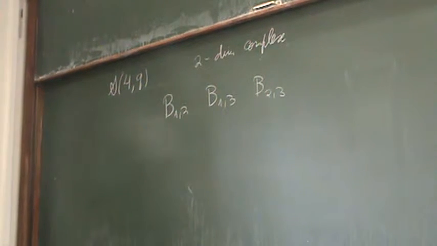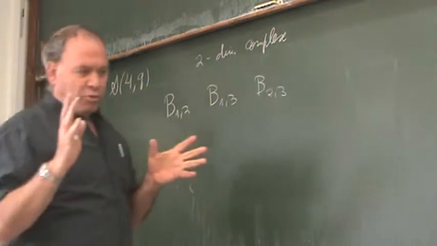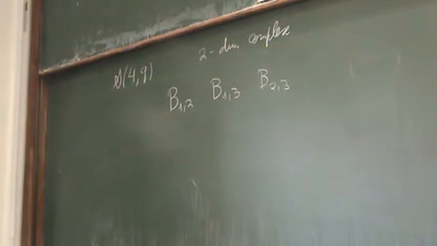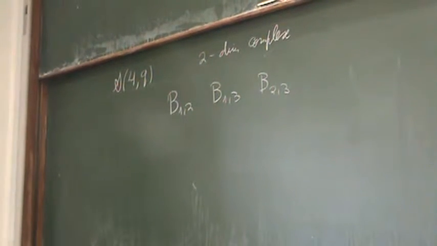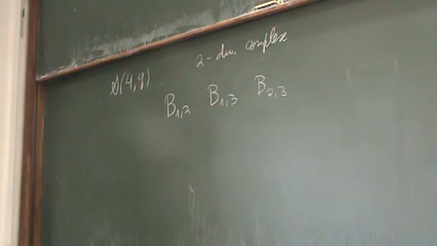One of the ways to analyze simplicial complexes in many cases is to reduce the problem to graphs. And we developed a little bit of machinery for studying mixing properties of bipartite graphs which are biregular, right?